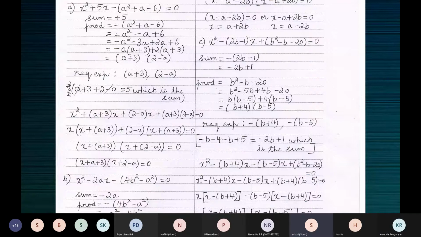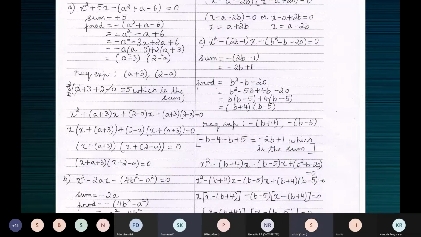Okay. So it will become 0, ma'am. No, after getting a plus 3 and 2 minus a, you cannot. Meaning replace a with minus 3? Ma'am, he's equating it to 0, ma'am.